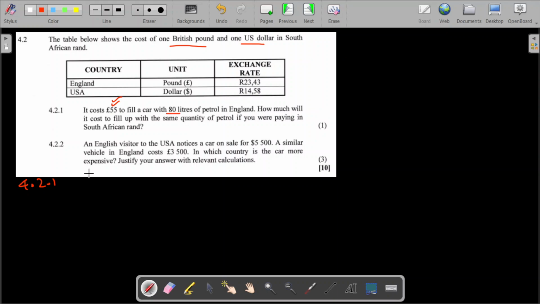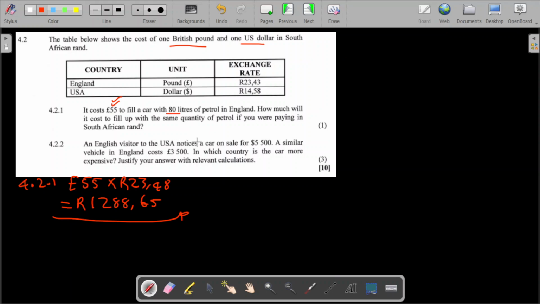Remember, you times the £55 by the exchange rate, 23.43, to get 1288.65. So it's going to cost 1,288.65 rand.